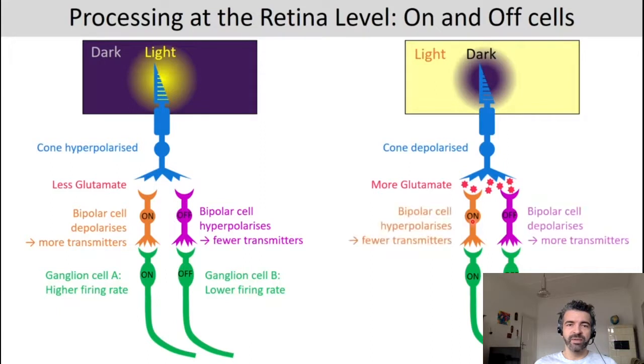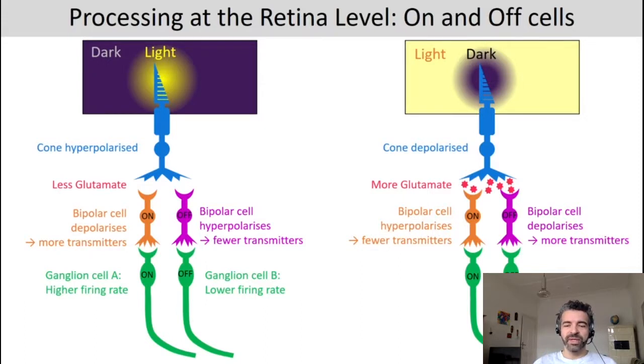The on bipolar cell hyperpolarizes in this case, so releases fewer transmitters, whereas the off bipolar cell depolarizes because of the glutamate, and there's more transmitter released. So in this case, this ganglion cell would fire, this one would not fire, and here this one would not fire, and this one would fire.